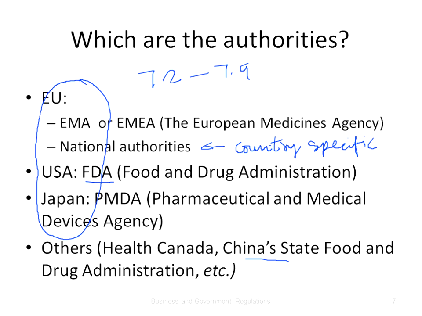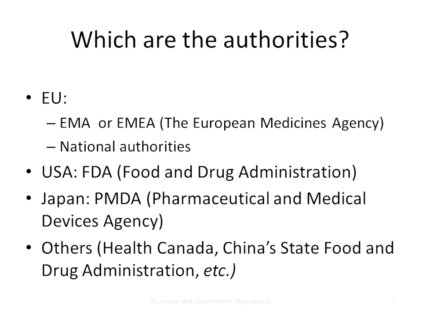And in Europe, you can follow three different procedures to apply to the authorities. There is one procedure called the centralized procedure. And if you are applying for a biologic, then this is mandatory. So centralized procedure is mandatory for biologics. And then there is another procedure called mutual recognition procedure.